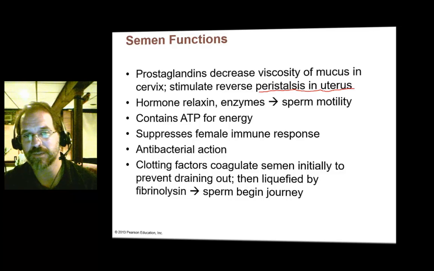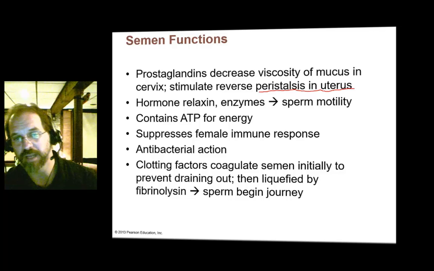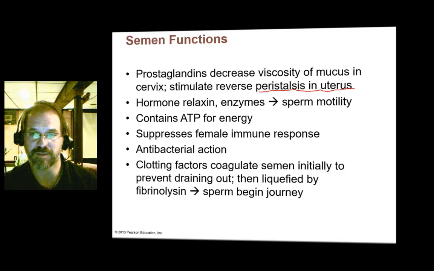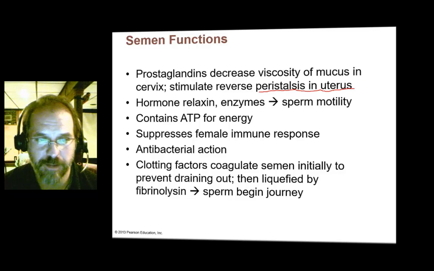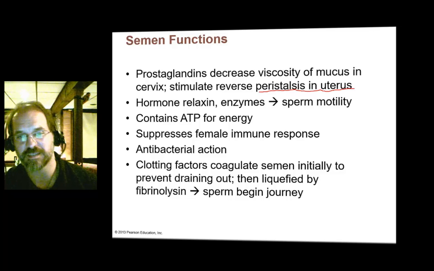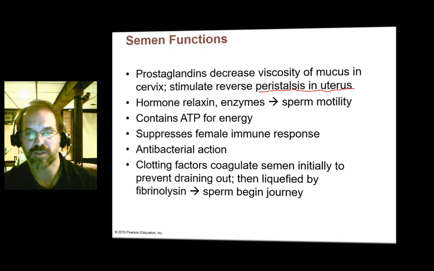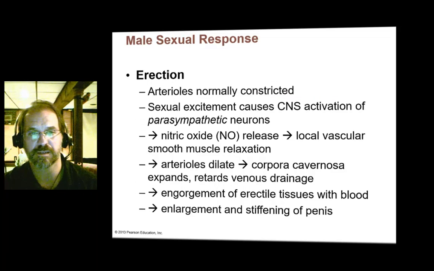And it may actually, almost in a swallowing-like manner, mobilize the mass of sperm through the vaginal canal and up into the uterus. There are some hormones in the semen. One of them listed here is relaxin. Relaxin helps dilate the cervix to make the sperm have an easier time entering into the cervix. Okay, I think that's probably all I'd want to mention about that. I wouldn't worry about the other things in the list.